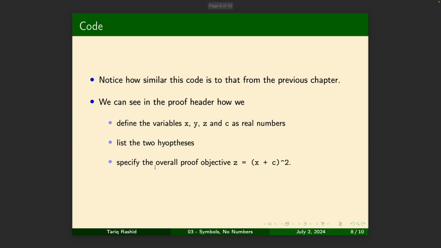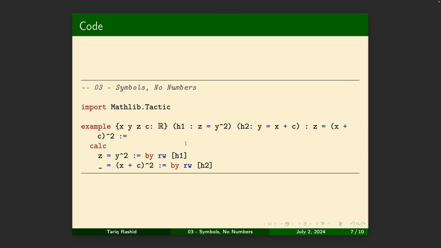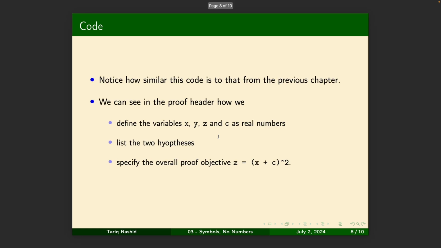So actually nothing particularly new there, but what is interesting was that there's no numbers involved. This is purely symbolic. So good practice, this exercise, and to see that Lean can be used to prove more general results which don't depend on knowing what the value of a variable is.